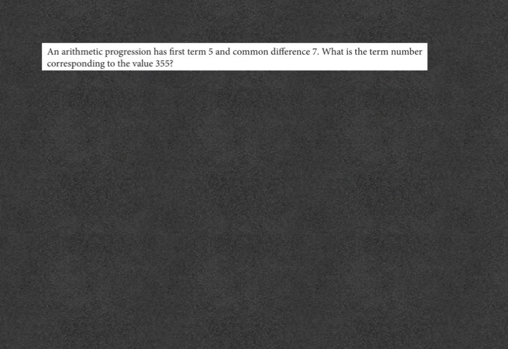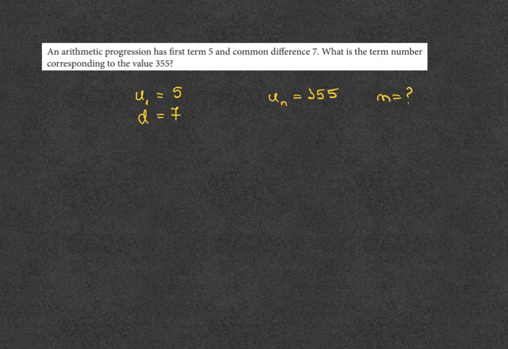Stop the movie and try this question now. I always map the information given into math equations. First term is 5, common difference is 7. What is the term number corresponding to the value 355? So I know that u_n is 355, and I need to find n.